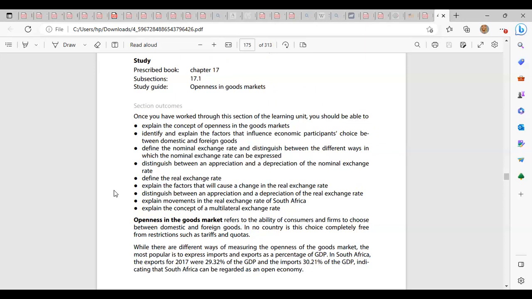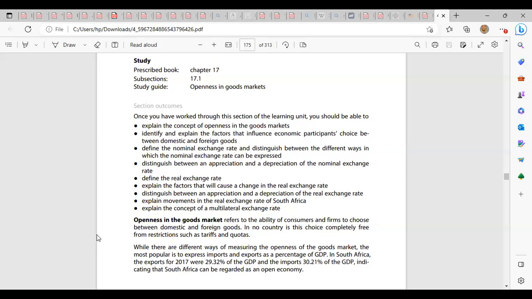Distinguish between an appreciation and a depreciation of the nominal exchange rate, define the real exchange rate, explain the factors that would cause a change in the real exchange rate, distinguish between an appreciation and a depreciation of the real exchange rate, explain the movements in the real exchange rate of South Africa, and then the concept of multilateral exchange rate.